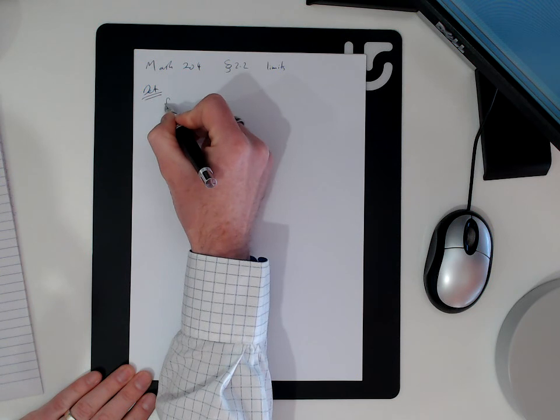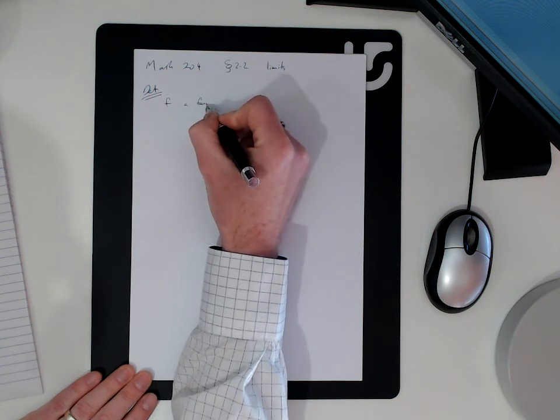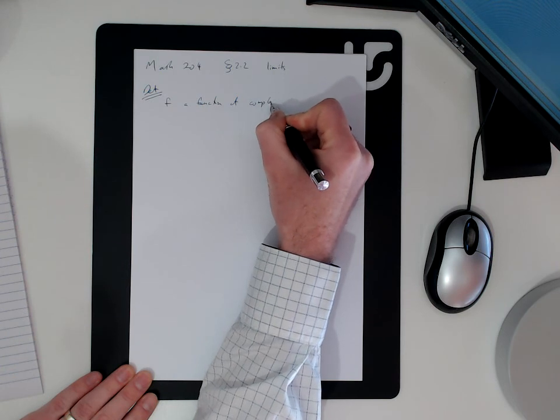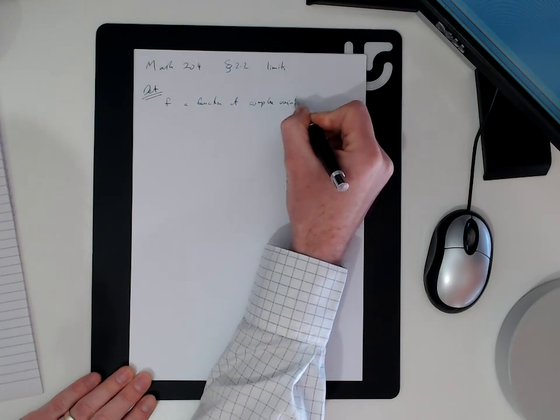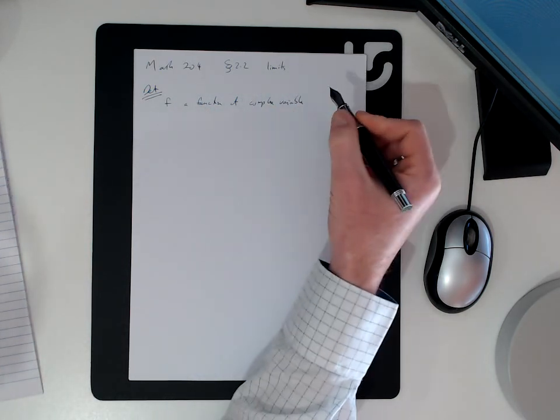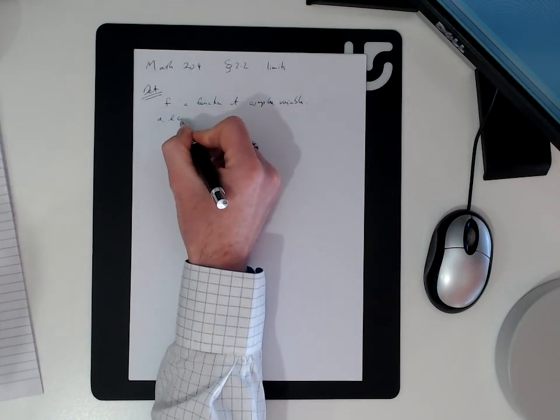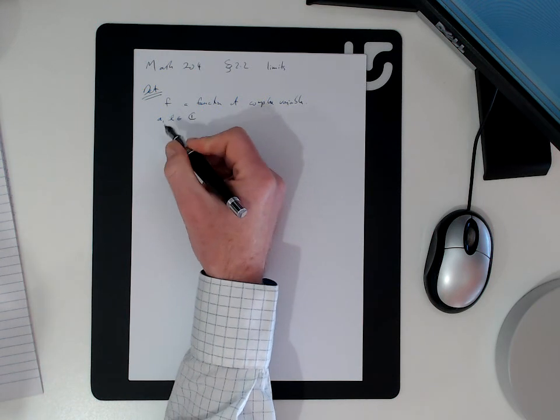Definition: let f be a function of complex variables, and a and L inside the complex numbers.